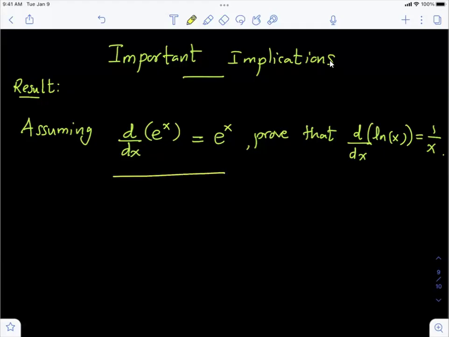Recall these two formulas. We already know the derivative of the natural exponential, which will remain intact when you consider the differentiation process. And when you consider the derivative of the natural logarithmic function, on the other hand, it becomes just 1 over x.